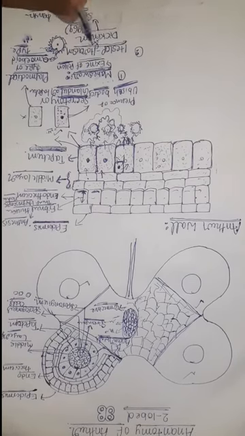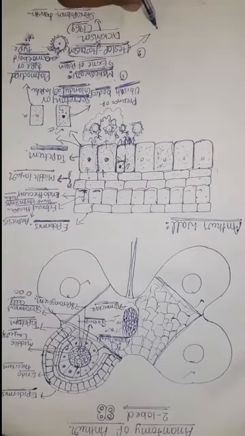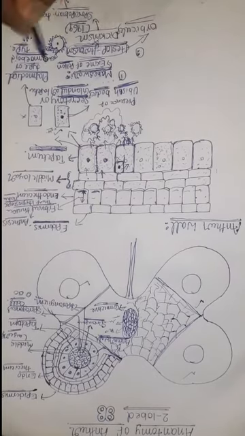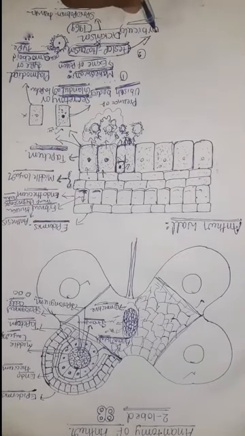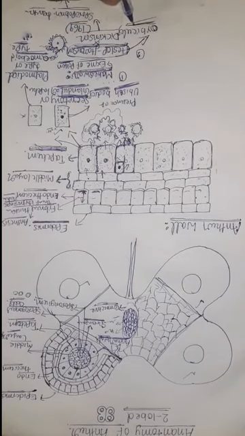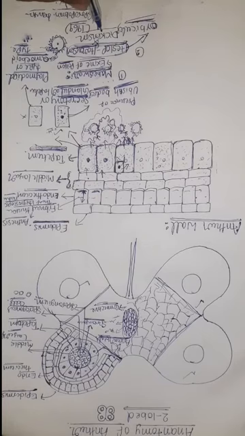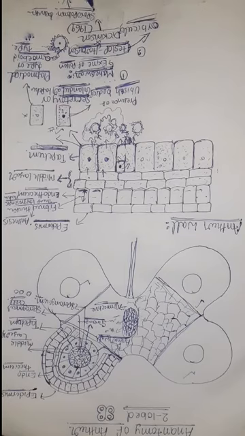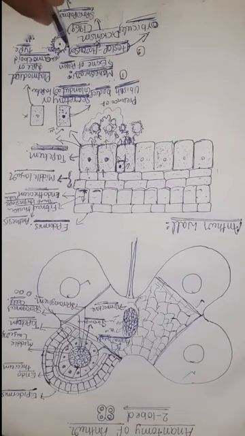Also, Heslop-Harrison, in his opinion, named these Ubisch bodies orbicules. It is the name given by Heslop-Harrison. Again, Heslop-Harrison and Dickinson proposed that Ubisch bodies are structures useful to transport sporopollenin, which is a very important component in the development of pollen grain.